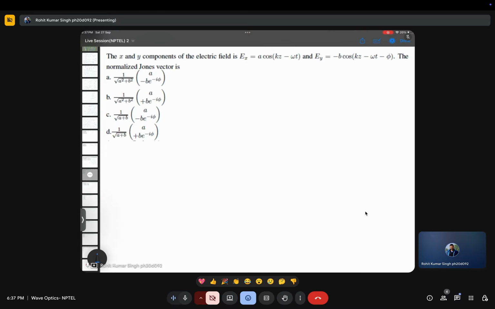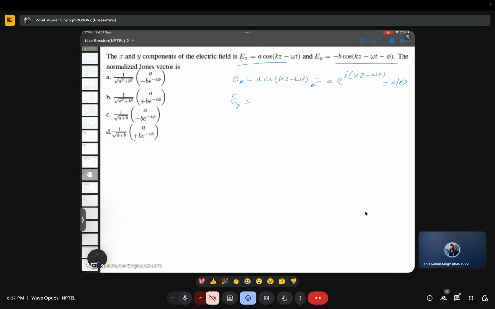Okay, so x and y components of the electric field is given. What is the normalized Jones vector? So Ex is a cos kz minus omega t, and so this is basically e to the power I kz minus omega t, which we can write as a ket of x, right?